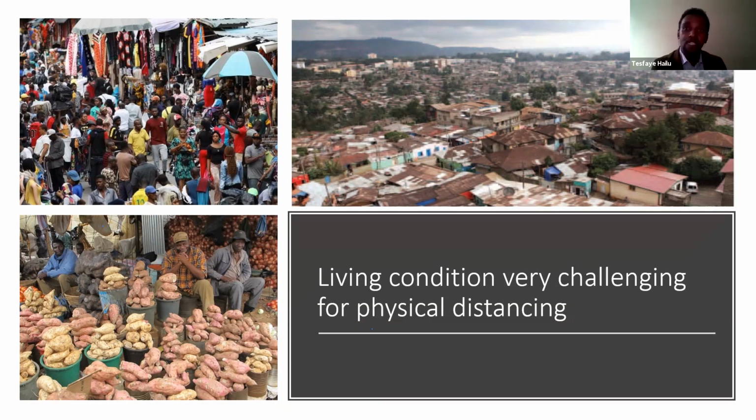Also on food security, more than half of the population in Africa is food insecure, and around 277 million people are under severe food insecurity.